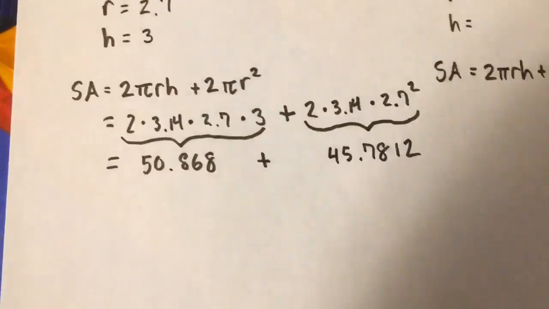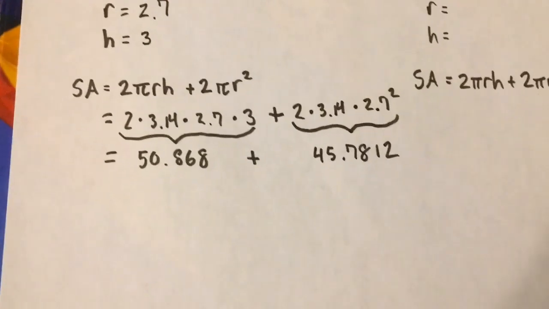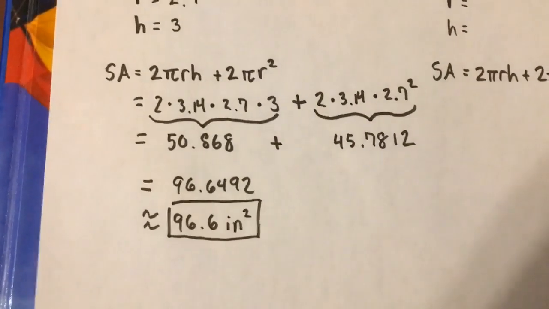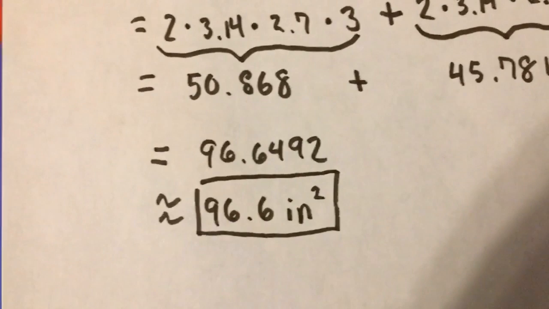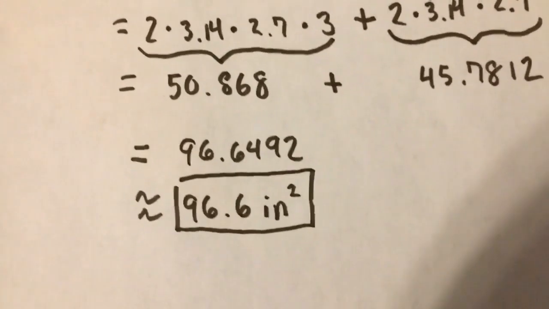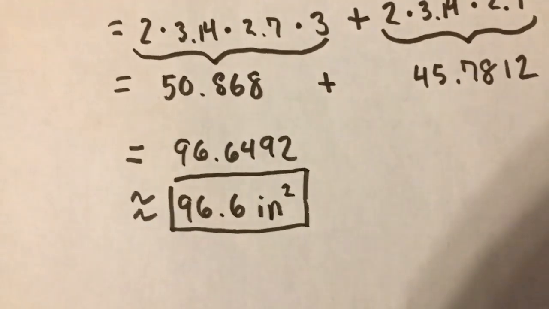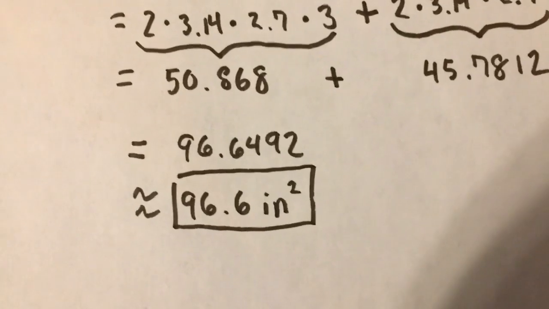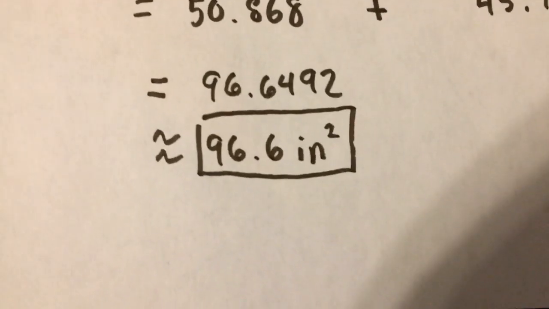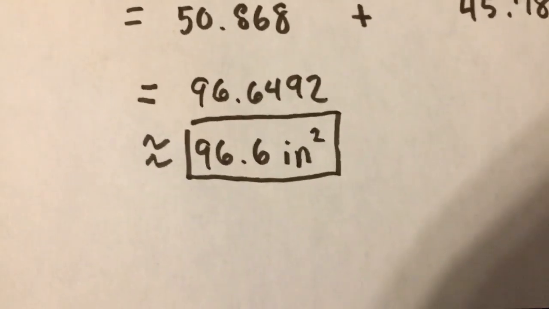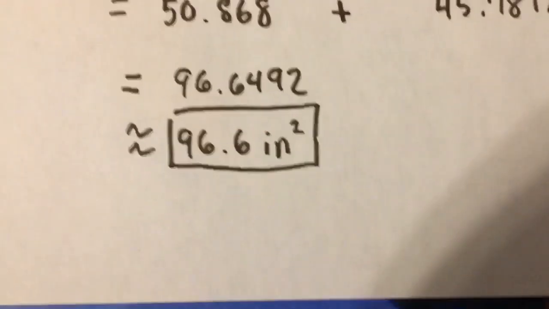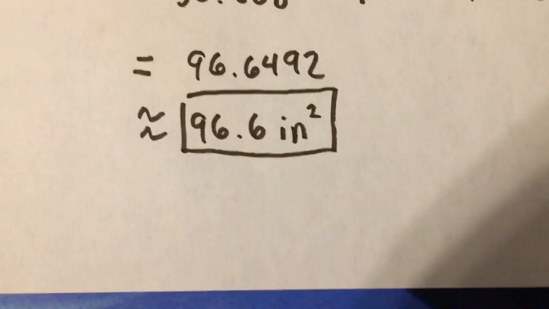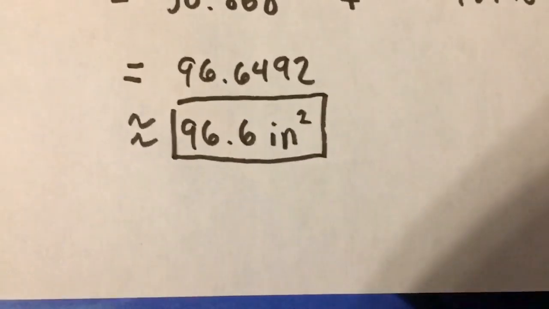So now our last step will be to add these two numbers together. So when you add these two numbers together, you get an approximation of 96.6492. But if you remember in the directions, we're going to round our answer to the nearest tenth. So this value rounds to 96.6 square inches. So don't forget, this is a surface area measurement, so our answer would use a square unit of measurement.